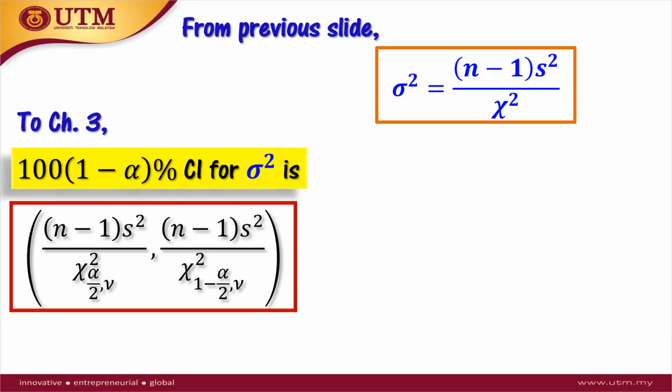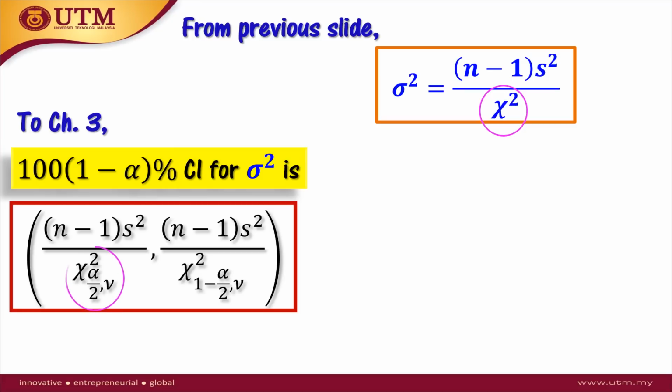Notice that the modification we did here relates to the chi squared. Previously, chi squared was the statistic or random variable from the formula directly given in the table. Now in the confidence interval formula, we modify this as values of chi squared.